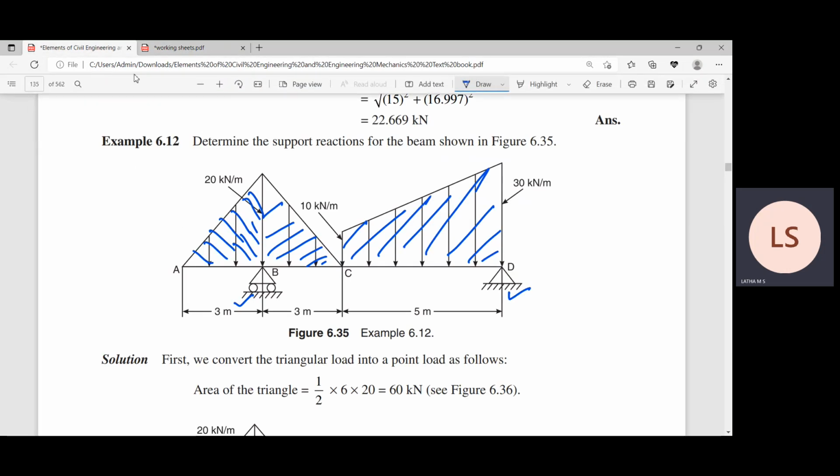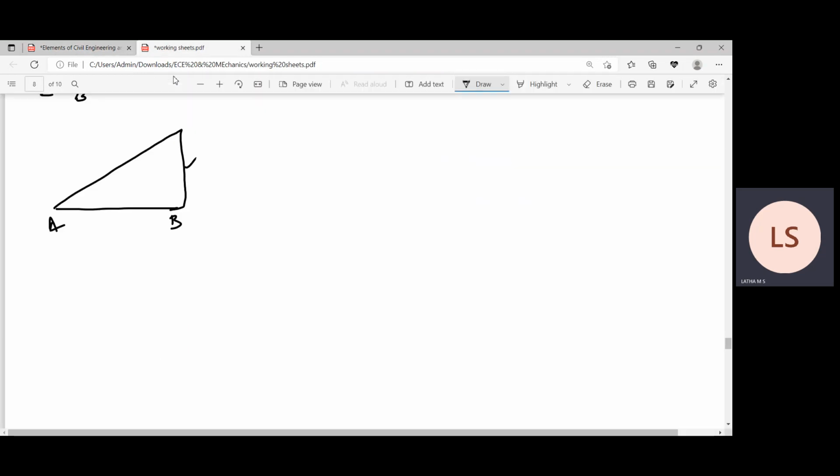It is 20 kilonewton per meter for a length of 3 meters. Because it is a triangle, it is half into 3 into 20, so you get 30 kilonewton. Where is it acting? From the apex.